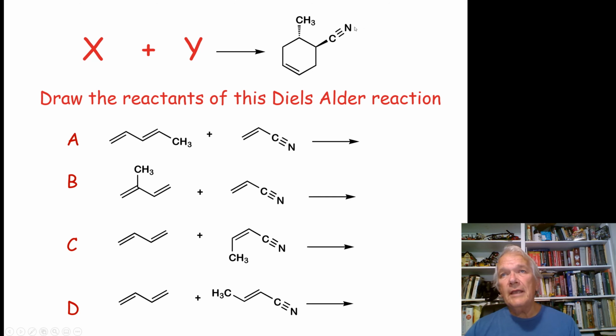So the dienophile has the methyl and the cyanide on it, and the diene itself is simply butadiene. Now the methyl and the cyanide are trans in the product, so they have to be trans in the reactant. So butadiene is D down here, and the trans one is this one here, so the answer has to be D. That's pretty simple.